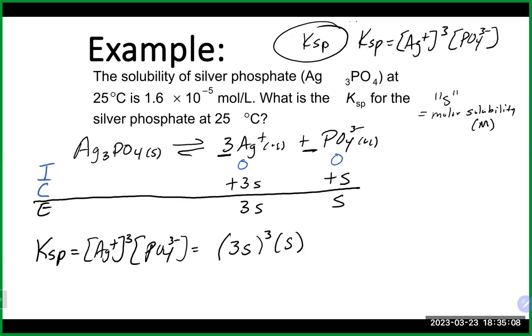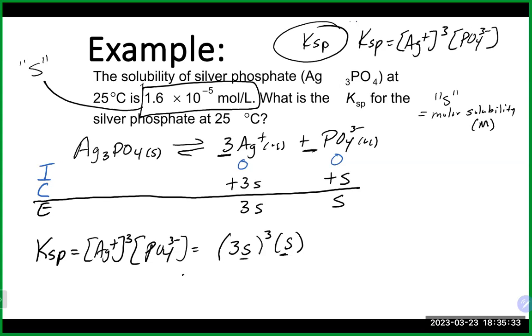We don't really need to solve for S because what was given to us in the problem is the solubility of this guy, 1.6 times 10 to the minus 5. That right there is S. That is the molar solubility, which means that is that S and that is that S right there.